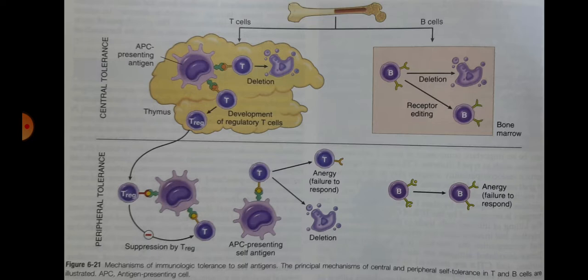The importance of these inhibitory mechanisms has been established by finding that mice in which the gene encoding CTLA4 or PD1 is knocked out develop autoimmune diseases.